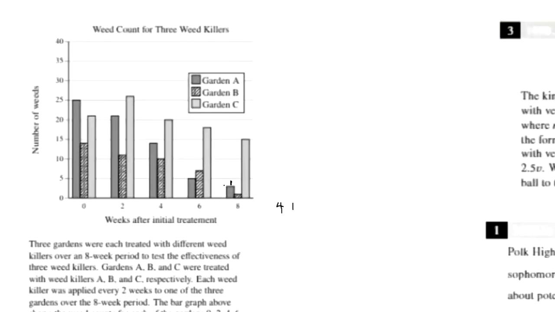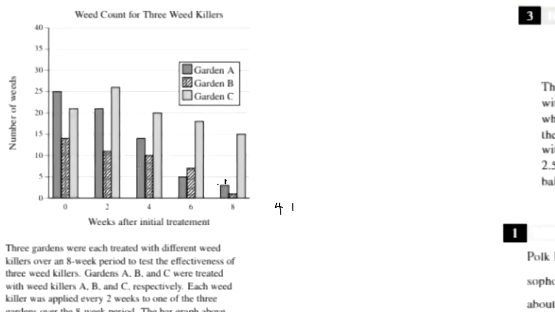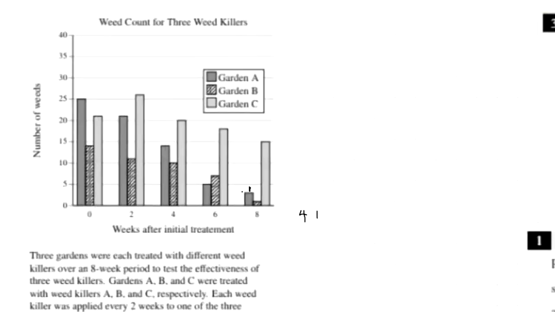Then the next one, that's for garden B. Using observation, and that's how you approach graphs relating to ratios, you have to be very smart. Now, this one here, if it is combined with the one here, it will be very close to the 5 here, right?